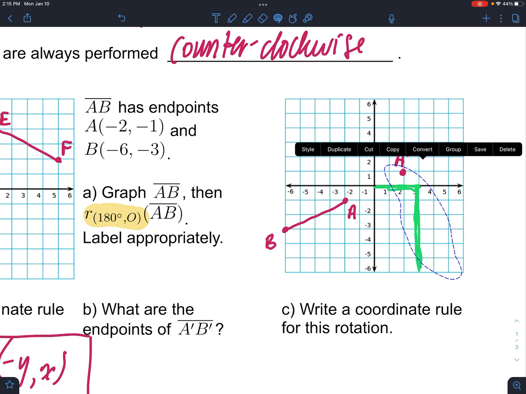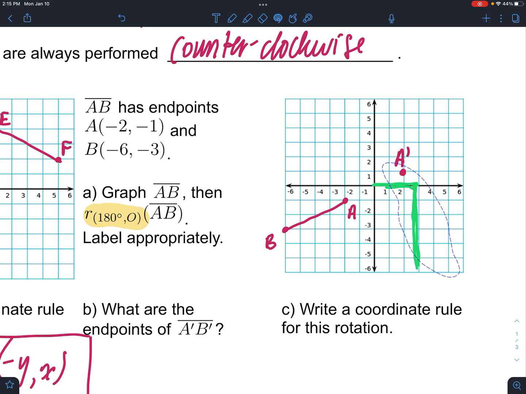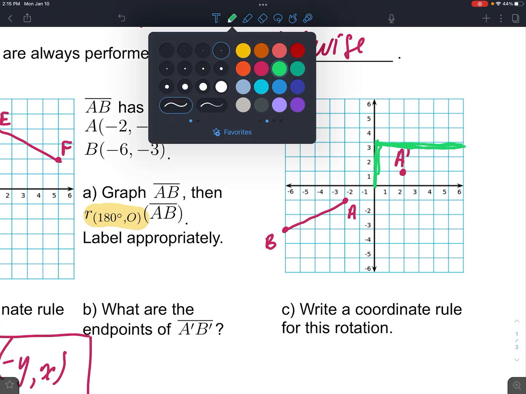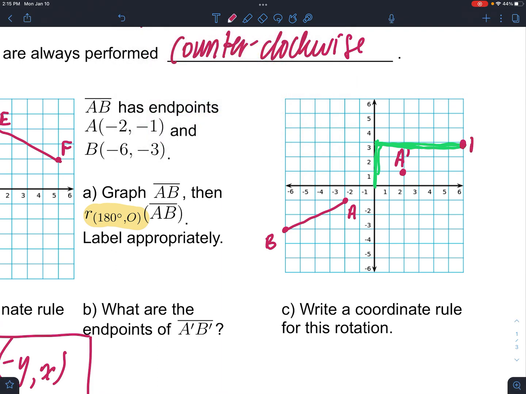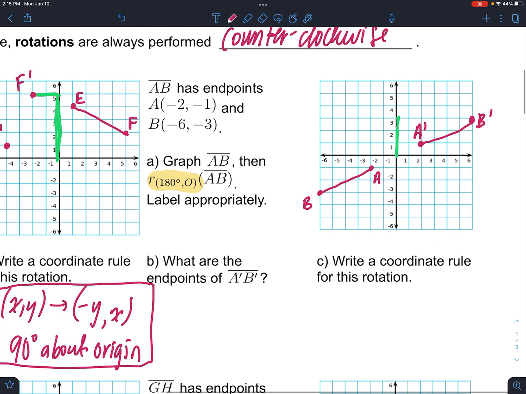So that looks a little bit too big, like that. You see? And then I want to rotate this one more time, making sure that it does stay the same length. There. So that's where B prime is. Okay. Let's go ahead down here and update where our points went.